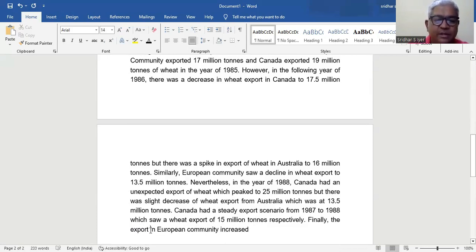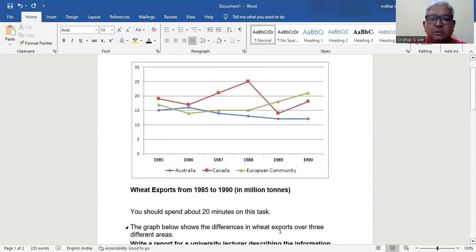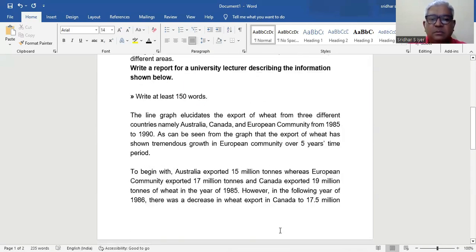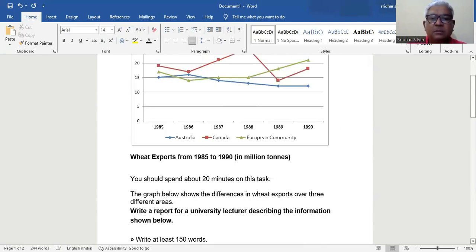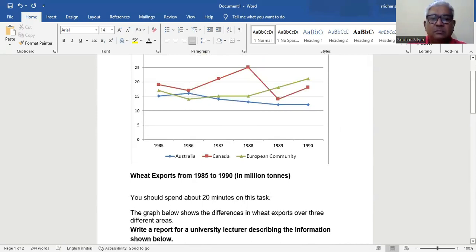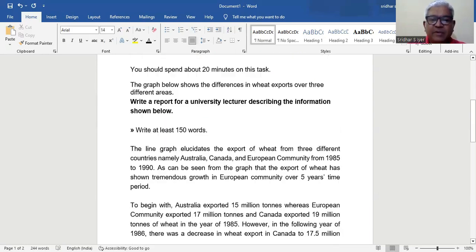Finally, the export of wheat in European community increased to an extra 6 million tons by 1990, whereas there was a decrease in Australia, which was around close to 11.5, I can say.